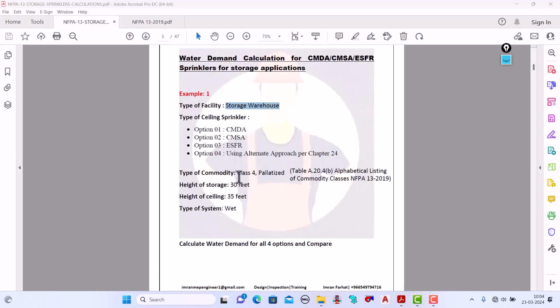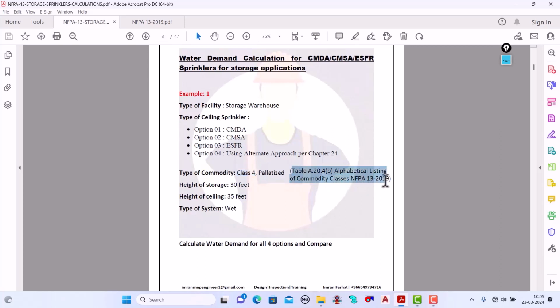Second, what type of material is kept in that warehouse, we have to select the commodities. See, class 4 palletized, it means the material is kept on the pallet. And for class 4, from where do we know which class the material comes in? I already mentioned here table A20 of NFPA 2019, we will go here.